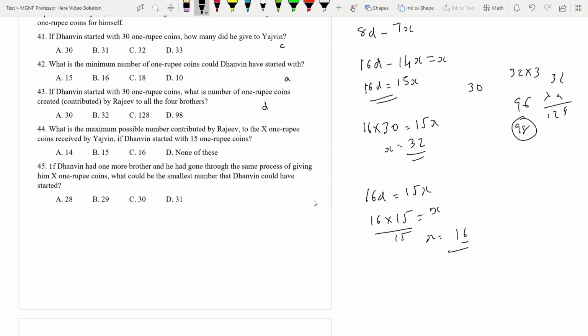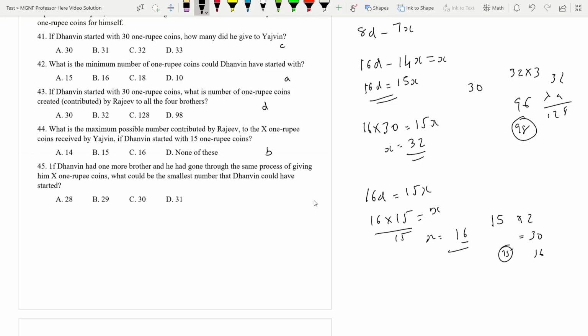Here X is equal to 16, which means 16 coins are given to each of the brothers. So Yajvin is the first brother. Initially he had 15 1 rupee coins. Now it's doubled by Rajiv and it becomes 30. Of this 30 he gives 16. So the maximum number of coins that would have come from Rajiv is 15. So option B is the answer.